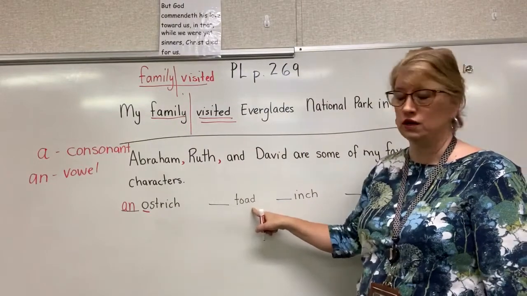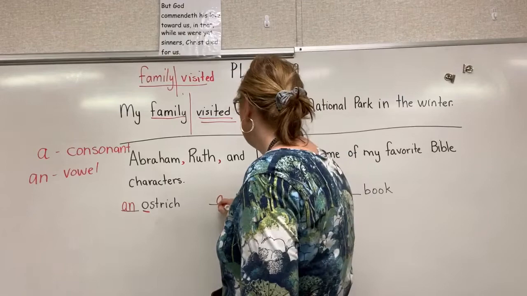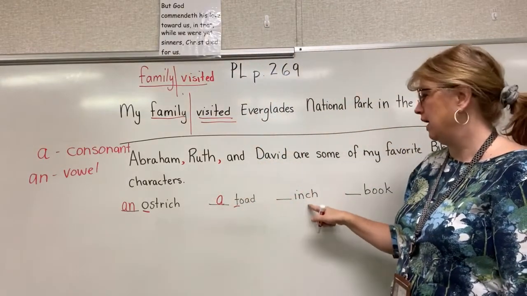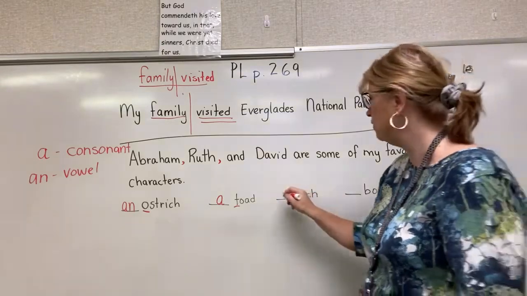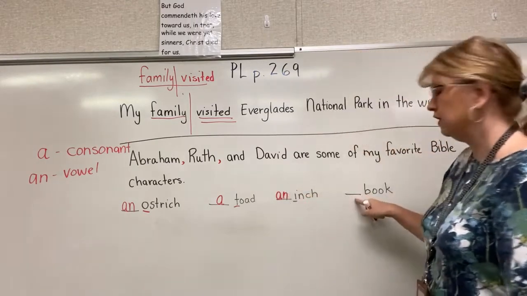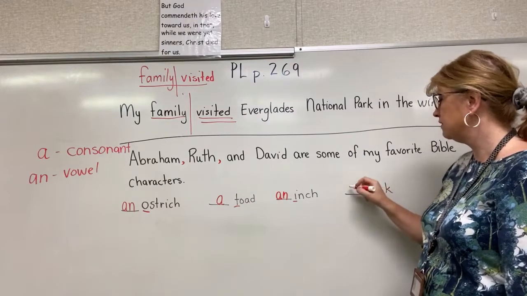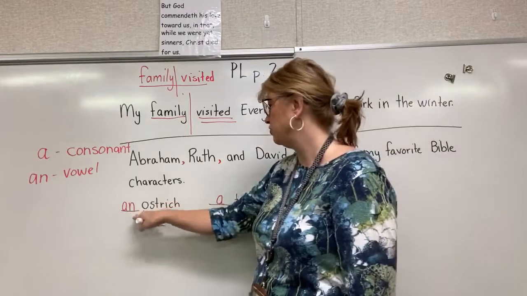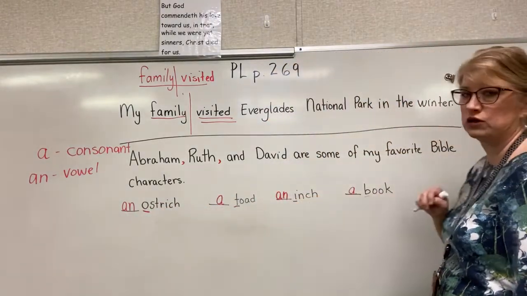For toad, T is a consonant, so we would do A. For inch, I is a what? Yes, vowel. So we would put an. And then we will do book. B is a consonant, so we will put a book. An ostrich, a toad, an inch, a book.